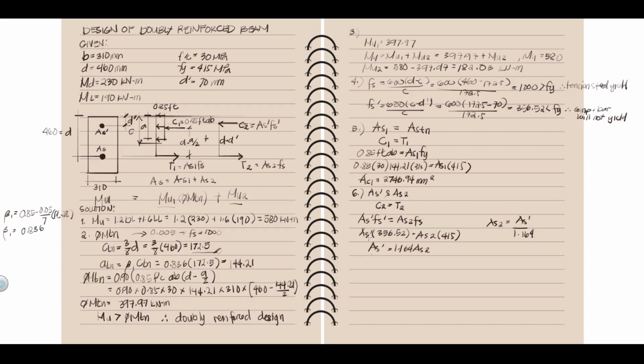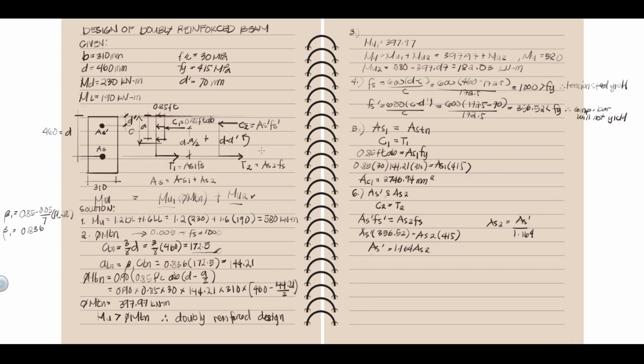Okay, for this example, i-solve na muna natin yung AS prime. Okay, so solving AS prime. Okay, so as we recall, our MU2 will resist this excess moment, yung MU2 natin. Okay, so itong couple natin dito, we will have a couple moment here that is equal to the MU2.